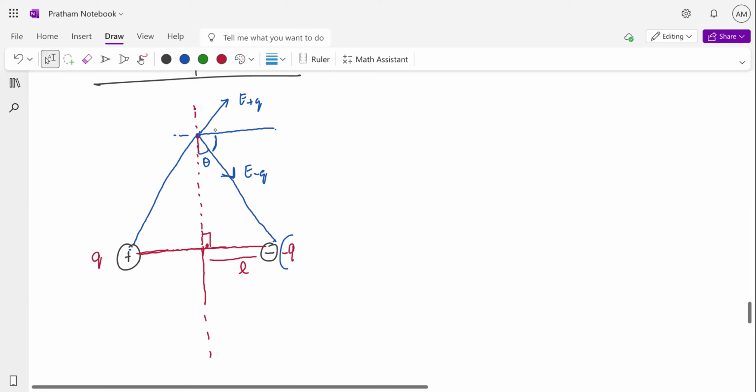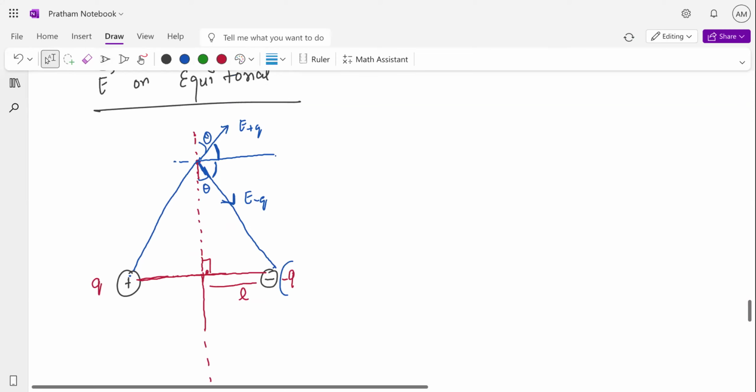And this will again become theta, because of the whole thing. Or I can directly say that this is also theta. Just check the angle once. This is also your theta. This and this, both are theta angle. You can see the symmetry part. Due to the symmetry, I am saying this.